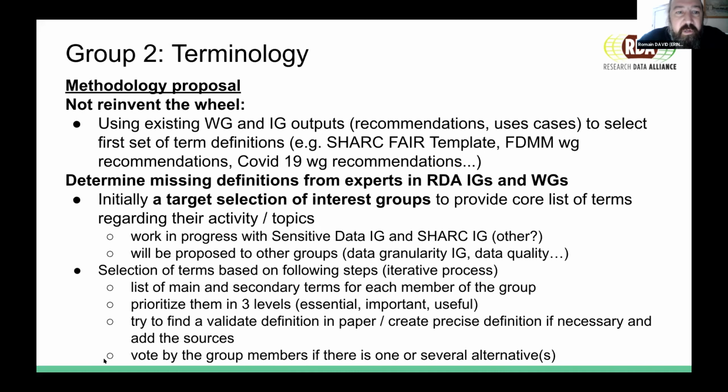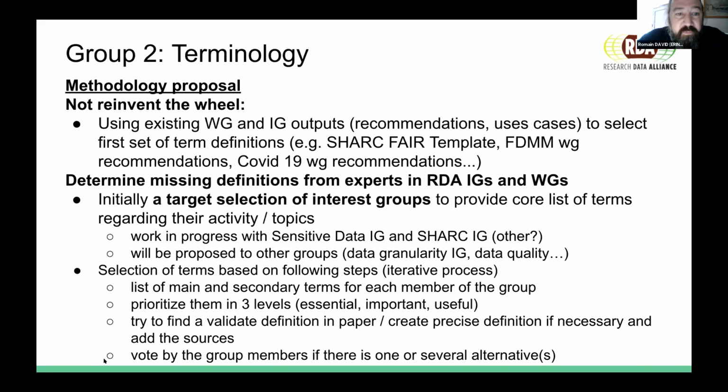So initially, a target selection of interest groups is chosen to provide a core list of terms and test the methodology. The core list of terms is according to their activity and topics. For instance, for SHARC, it will be terminology around rewarding and crediting when sharing data.